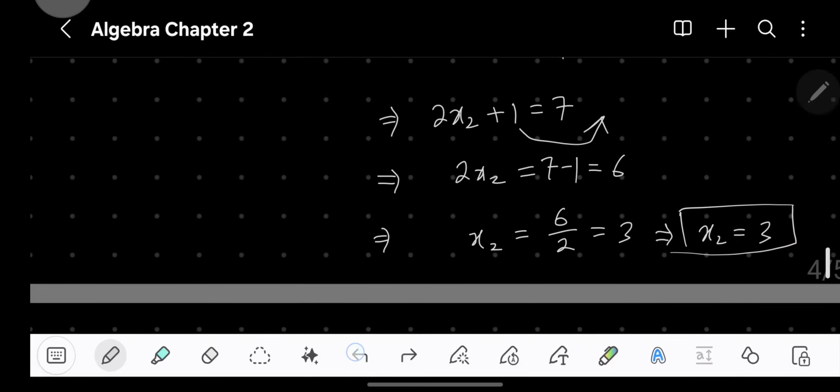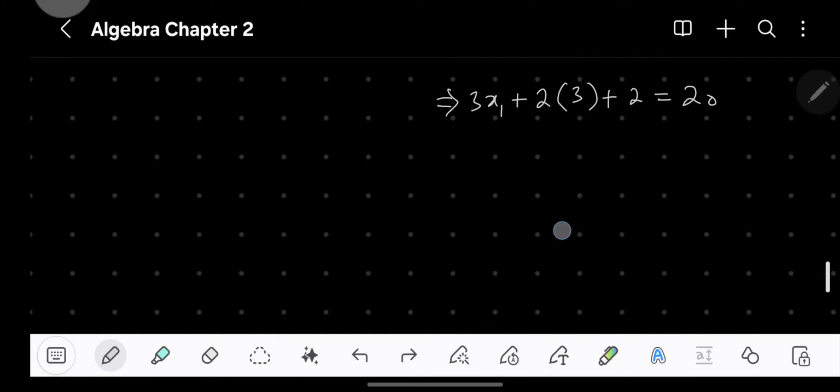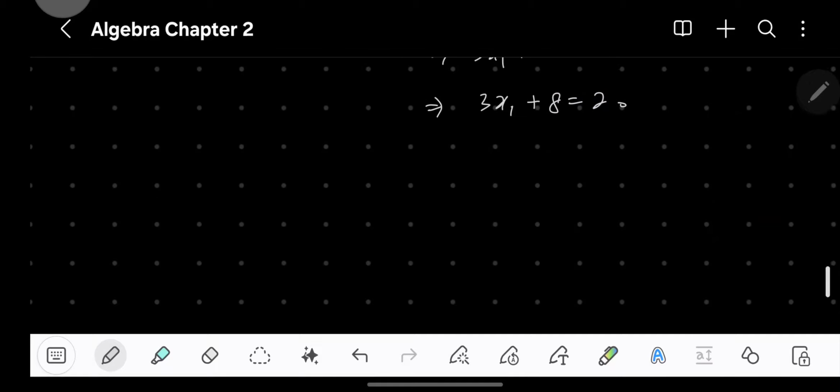Now if we solve, 3x1 plus 6 plus 2 is 20, so 3x1 plus 8 is 20.